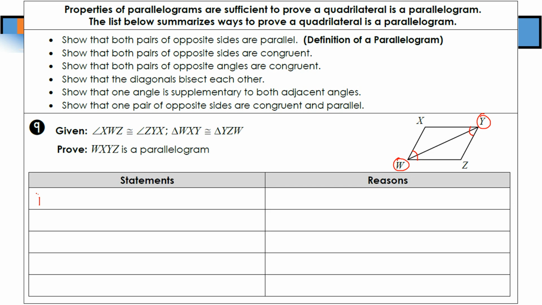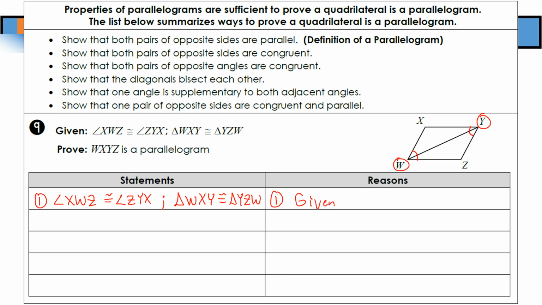So let's begin by marking down all the given information. Angle XWZ is congruent to angle ZYX. Put a little colon here. And we can say triangle WXY is congruent to triangle YZW. And again, all of that's true because it was given to us.